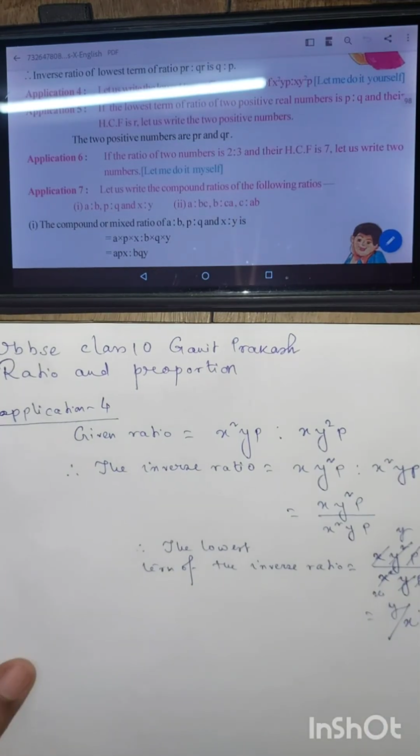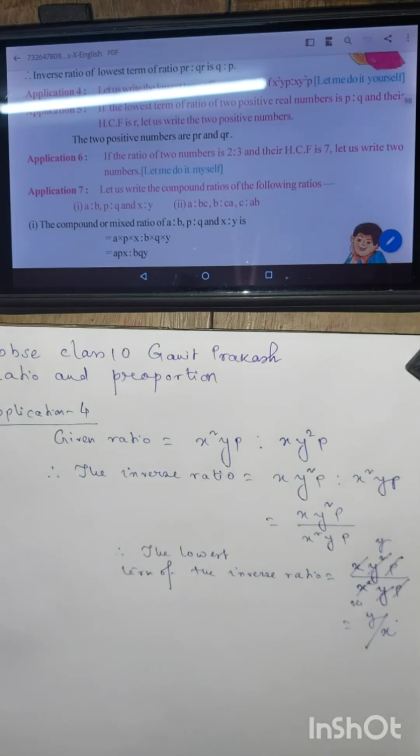So this should be the lowest term of the inverse ratio of the given ratio.